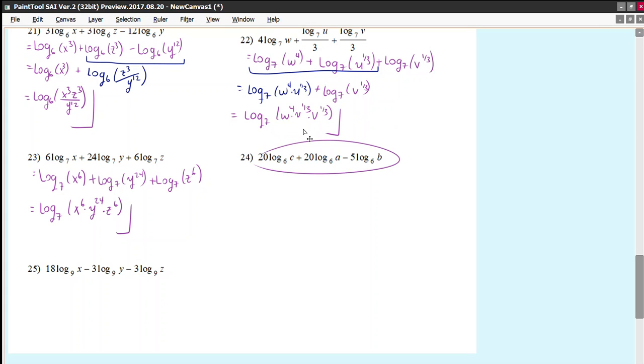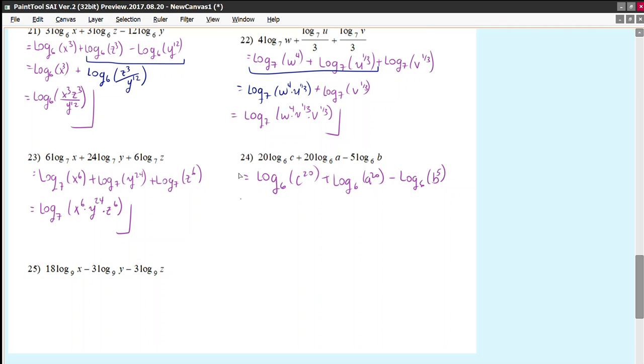Next one, I have two logarithms that are positive and one negative. Remember, the negative logarithm is going to be in the denominator and the positive ones are going to be in the numerator. So first, power property: logarithm base 6 of c to the power of 20 plus logarithm base 6 of a to the power of 20 minus logarithm base 6 of b to the power of 5.